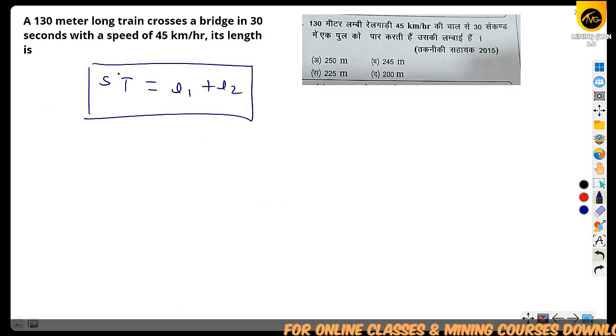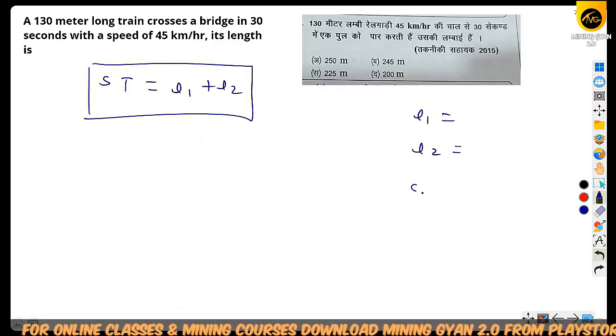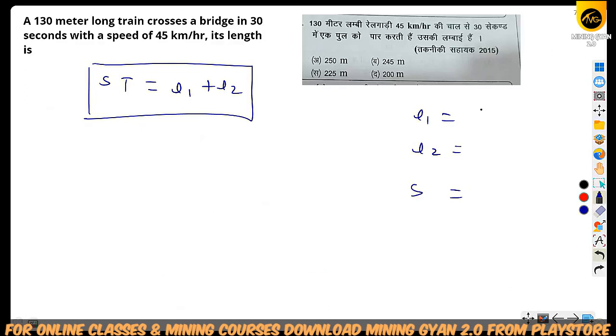So S is the speed of train, that is 45 kilometer per hour. L1 is 130 meter, that is length of train. Now we have to find out the value of L2, that is the length of bridge.